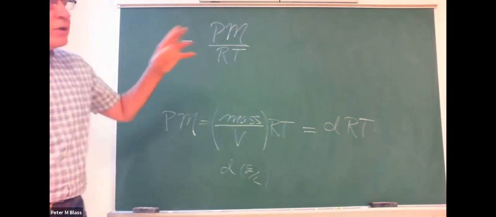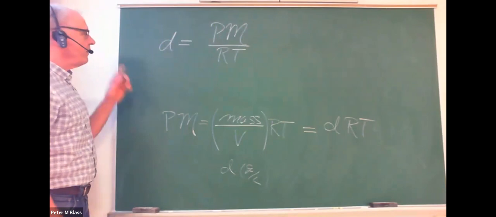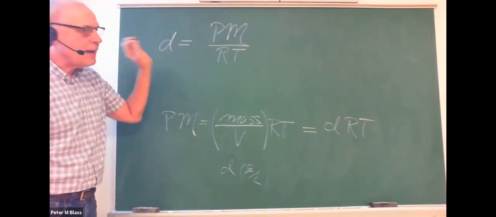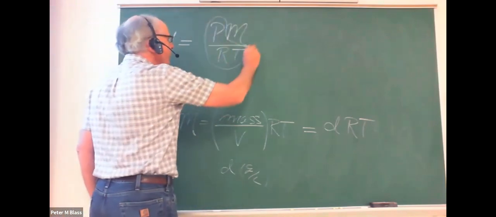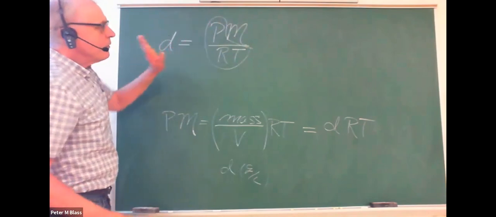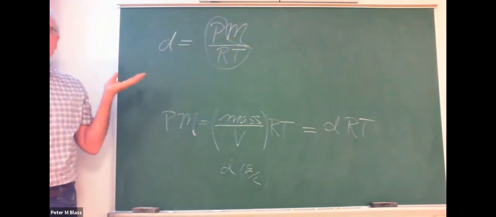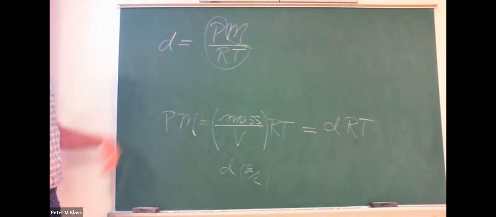And by the way, notice that this embodies what we said before. We said that the density and the molar mass are proportional at a given temperature and pressure. Well, look, here's temperature and pressure and R. If you hold those constant, density and molar mass are proportional to each other, okay? So we've got a nice little equation for the density.